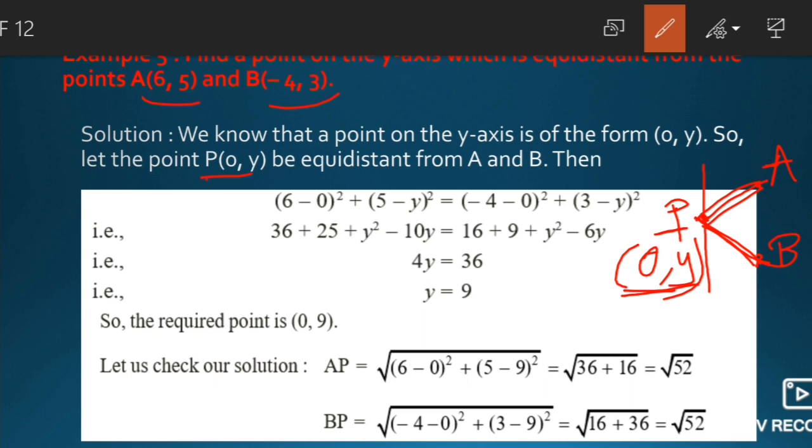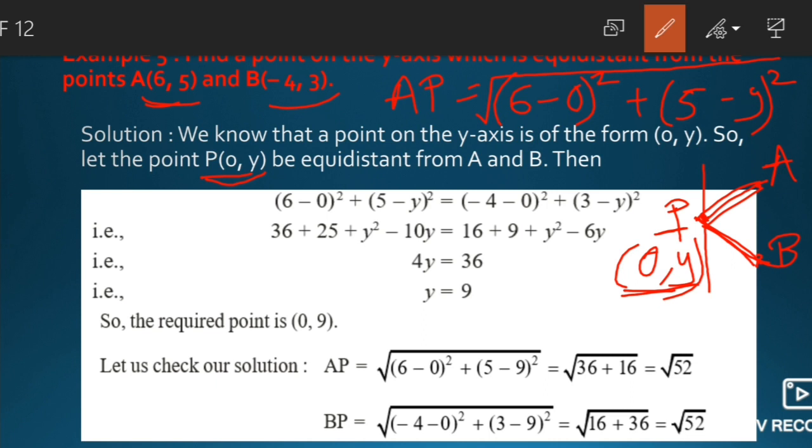If you take the coordinates of P and A, the distance AP will be root under (6 minus 0) whole square plus (5 minus y) whole square. There will be a root also. And if you take BP, it will be the same, root under (minus 4 minus 0) whole square plus (3 minus y) whole square.